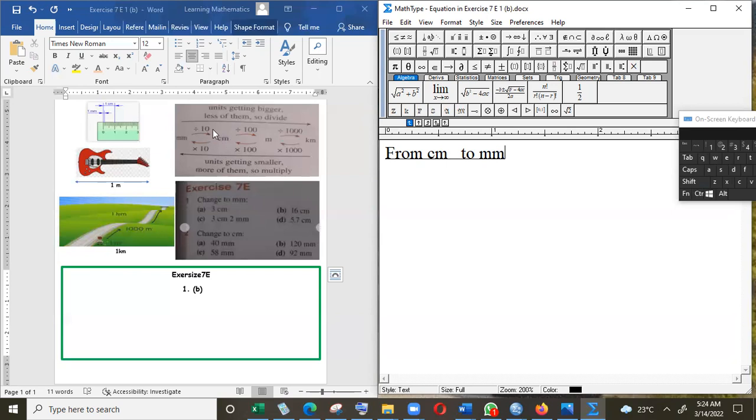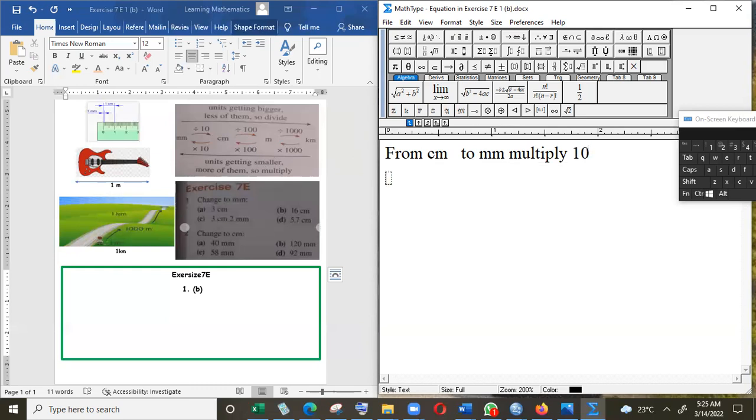So we're starting with centimeters and going to millimeters. We're going to get smaller, from bigger to smaller, so we multiply. From centimeters to millimeters, we multiply by 10.